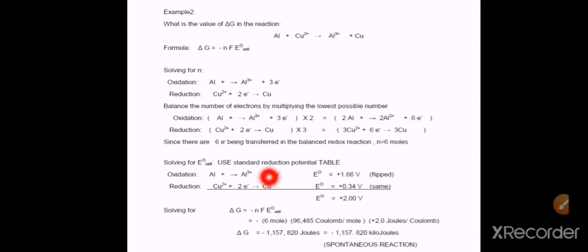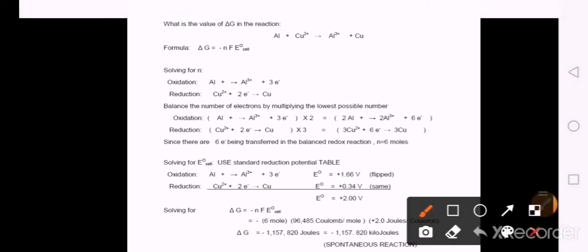Okay, so the delta G here will be negative N times F times cell potential, which is negative 6 moles times, okay, so that 6 moles will be substituted here with the negative sign times the constant, Faraday's constant, 96,485, and the computed value of cell potential, that is 2 volts, but the volts could be changed into joules per coulomb.